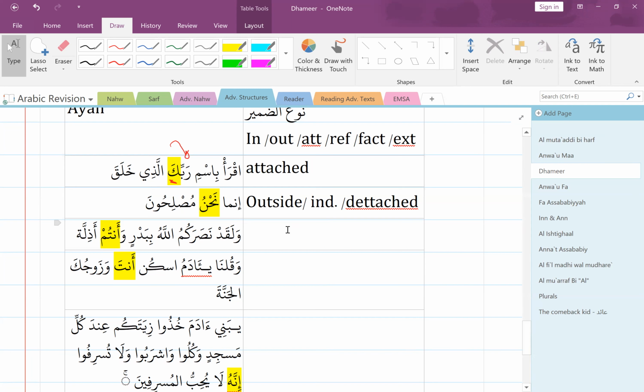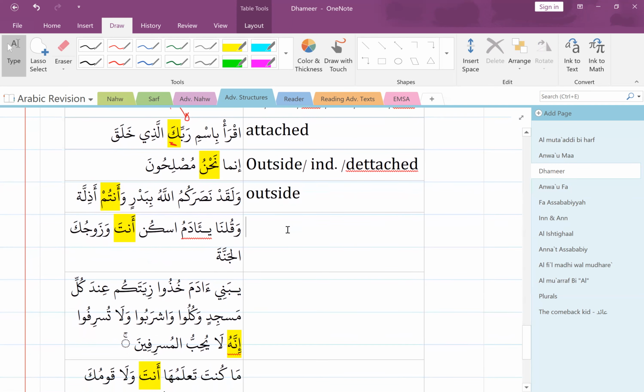In the help of Allah has come in Badrin wa antum. It looks like it's outside, independent. Yeah, so it's the same. Outside, independent, detached, whatever you want to call it.